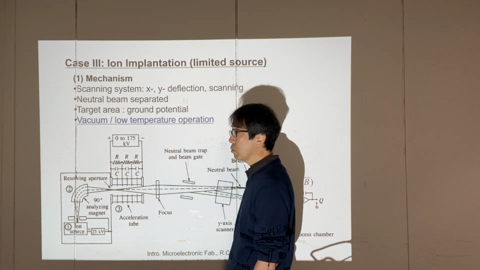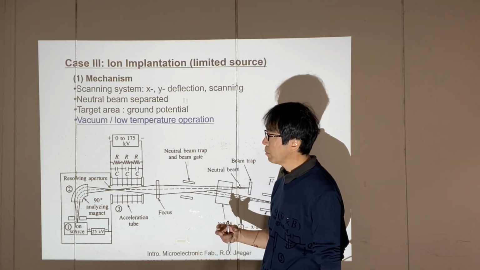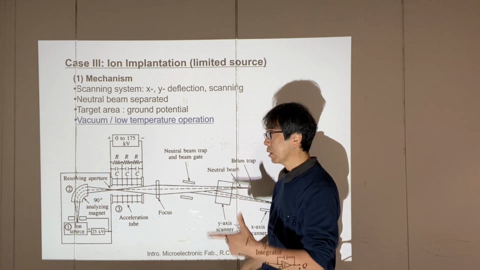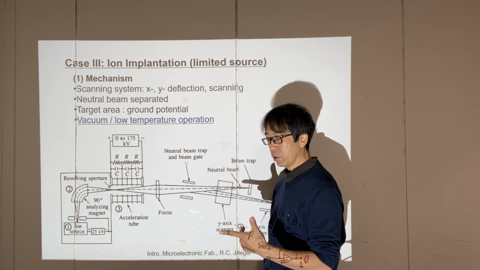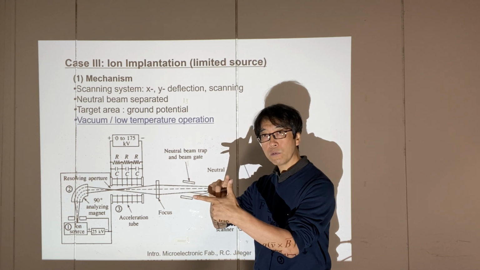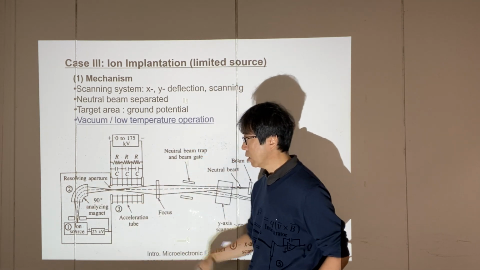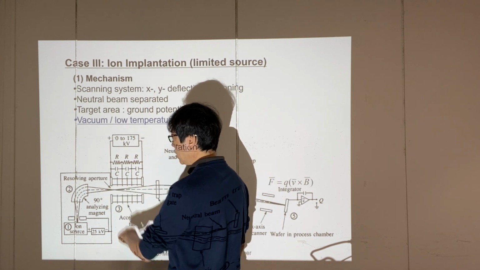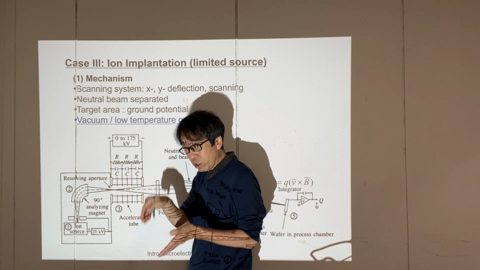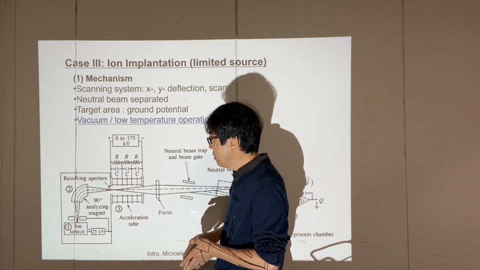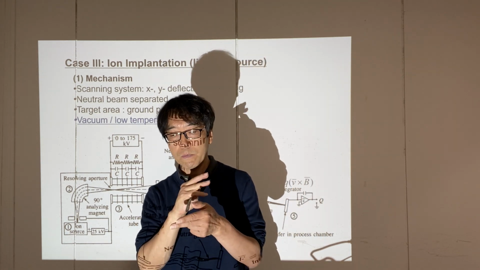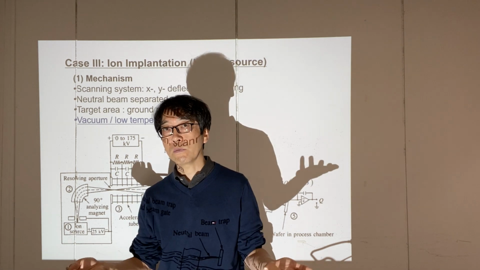These impurity ions act like a current, and they can be controlled by a magnetic circuit, because of the relation between current and magnetic field: the force is at 90 degrees to them, so that you can control the beam. You can use an electrostatic aperture, which can focus these ions as a beam, and then accelerate them using electrostatic forces, letting them travel faster and faster with the electric field.